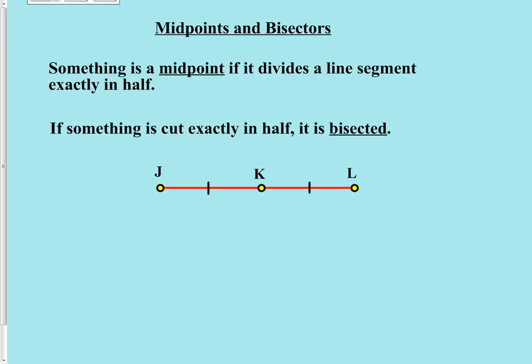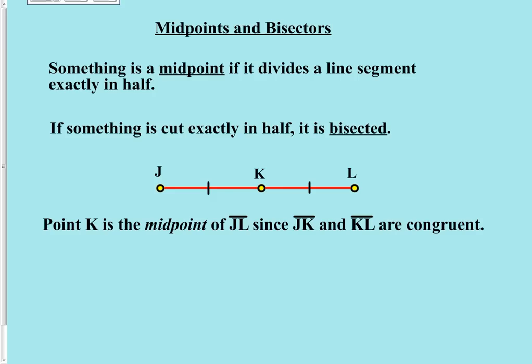So the communication to us is that line segment JK and line segment KL are congruent. So a statement that could be made about that situation: point K is the midpoint of line segment JL. And that can be said since line segment JK and line segment KL are congruent.